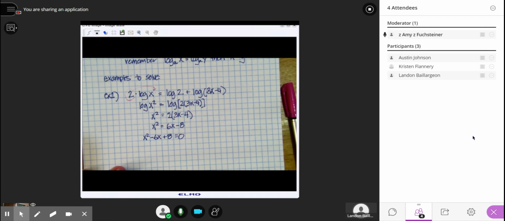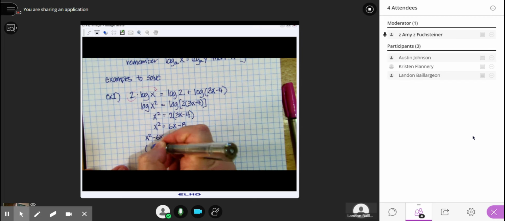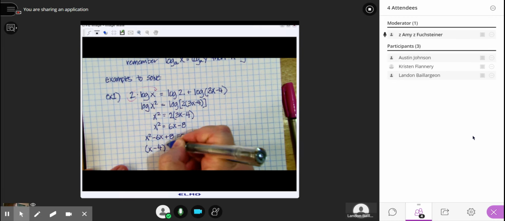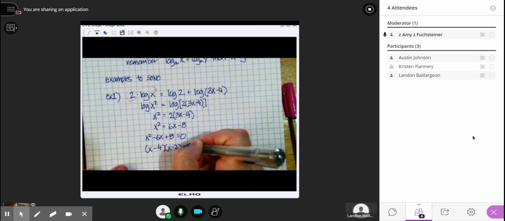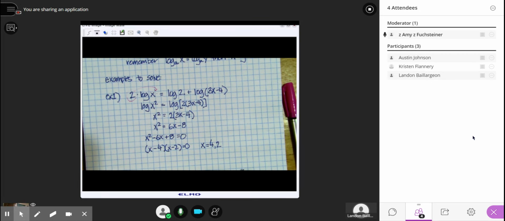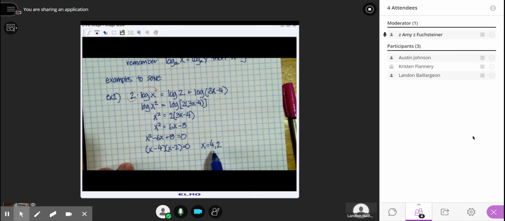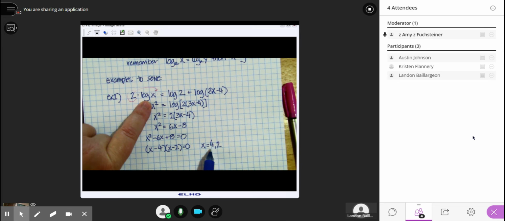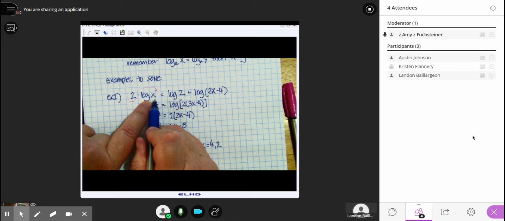So what about our values of x? x could be 4 or 2. I will now check to make sure that 4 works in the domain of each one of these original logs. Can I take the log of 4? Yes.